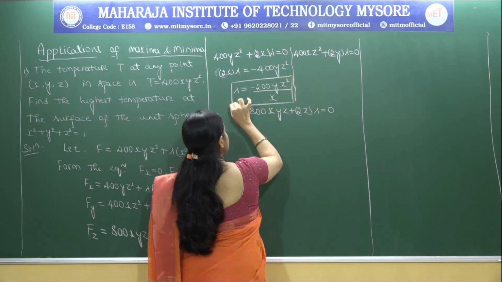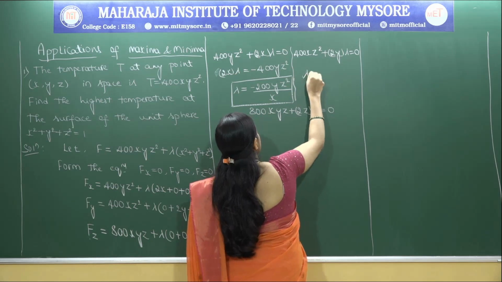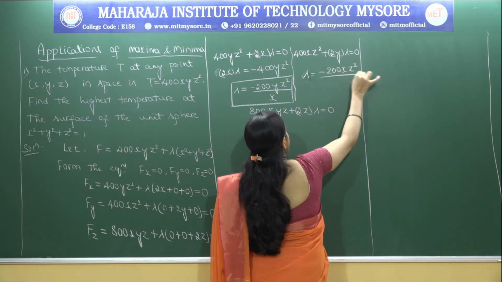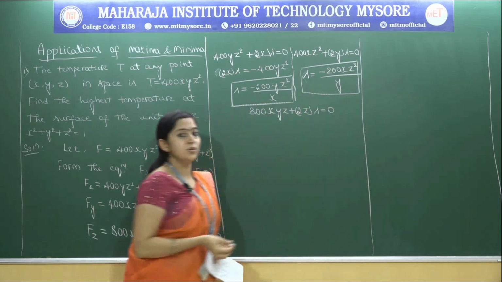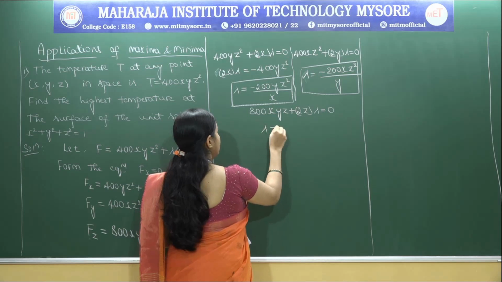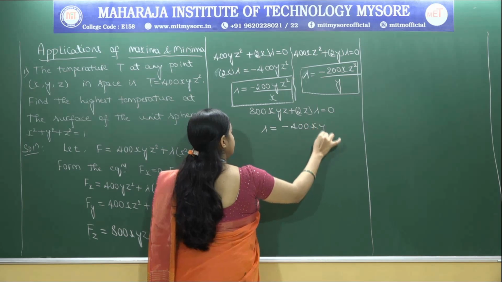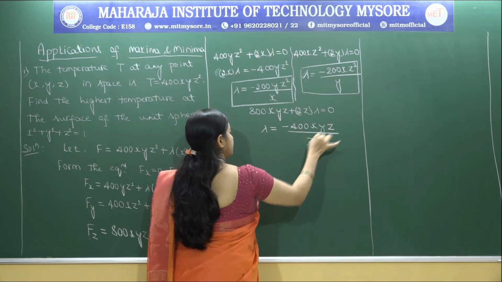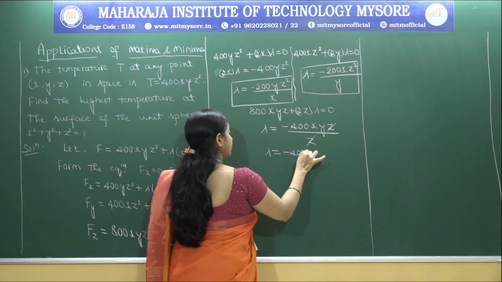Similarly, the second one, lambda equals minus 200xz squared divided by y. This is the second value. The third one, lambda equals minus 400xyz divided by z. Z also gets cancelled. The lambda is minus 400xy.